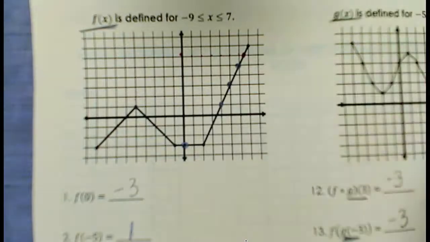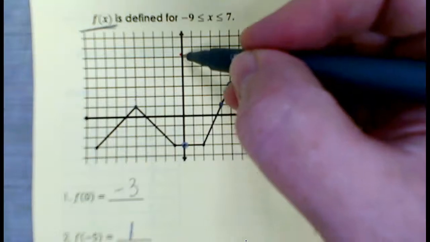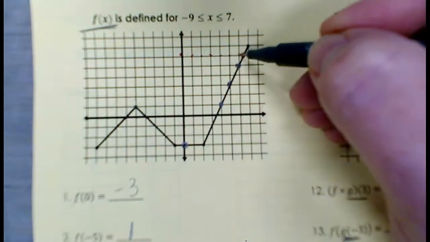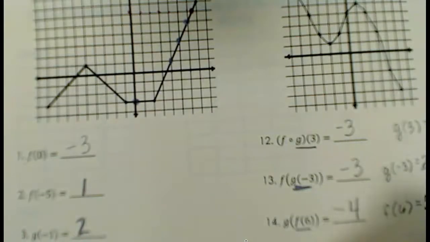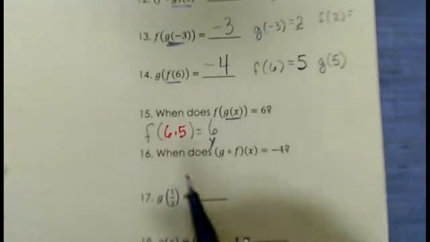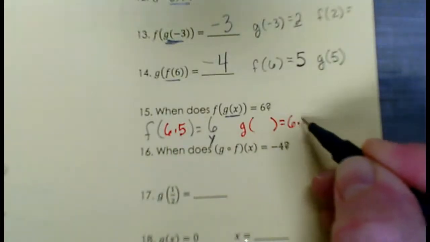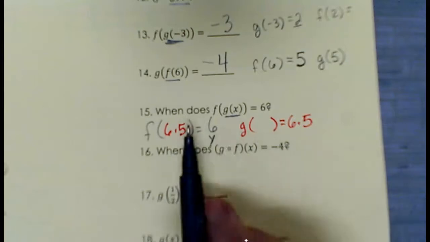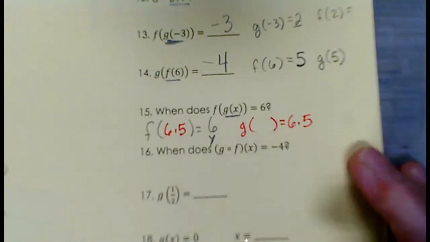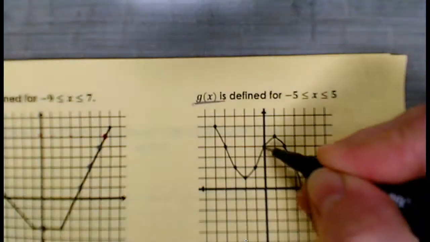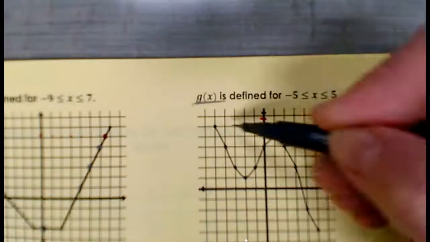When I have a y value of 6, don't you agree that's about a 6 and a half? And then that becomes the y value for my inside function. One, 2, 3, 4, 5, 6 and a half. Do I have any graph up here at 6 and a half?